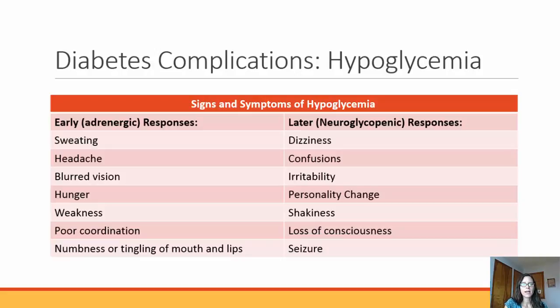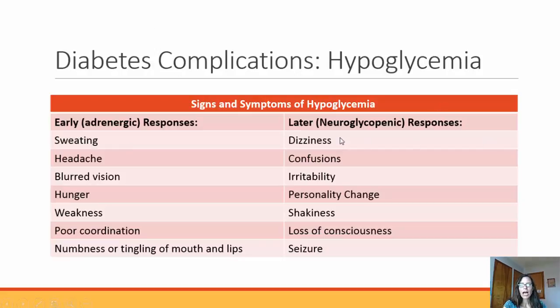Okay, and here are some of the early signs and symptoms of hypoglycemia: sweating, headache, hunger, weakness, poor coordination, numbing. These are adrenergic responses, which means they're activated by adrenaline, such as epinephrine or norepinephrine.